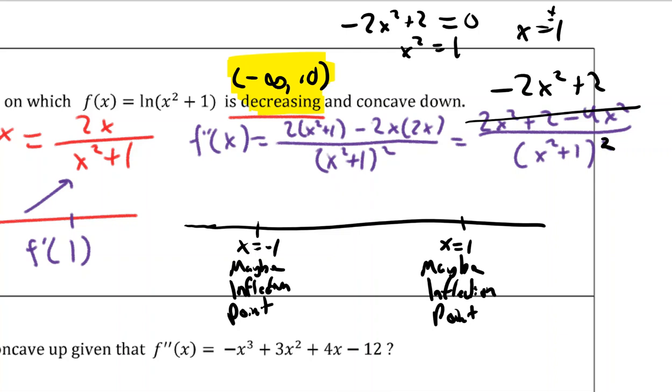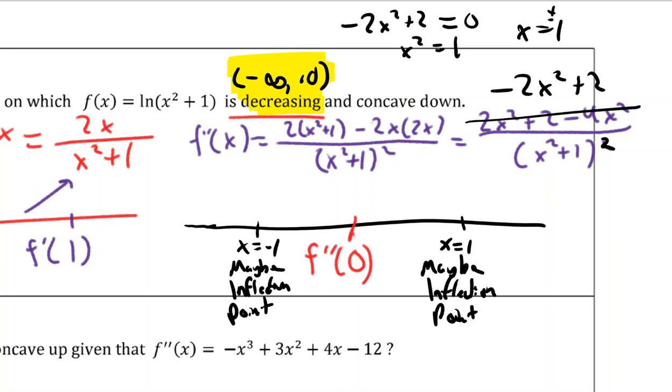It's not confirmed to be an inflection point unless the concavity changes. Not that that matters anyway. This question doesn't ask anything about inflection points, but since we're here, we might as well talk about it because it'll help later when they do ask about inflection points. To know the concavity between these, inflection points are the places where the concavity might be changing. So we should try something like 0 in the second derivative.